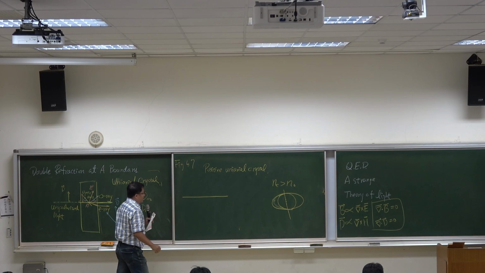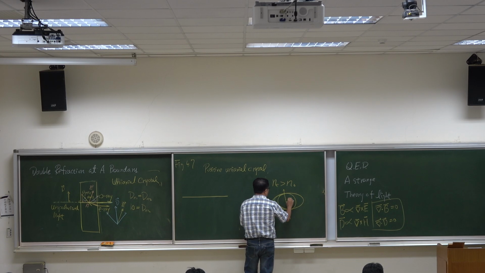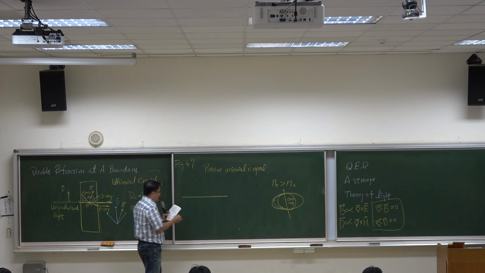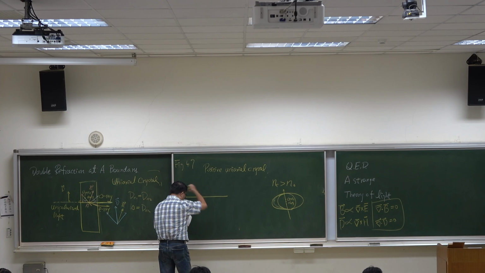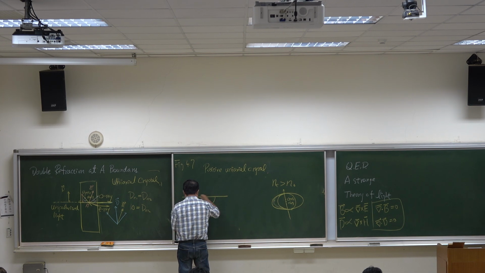The ellipsoid is formed by rotating this ellipse around this axis. Okay. Then this direction is the so-called optic axis. So we have different situations that give us different possible refraction results.